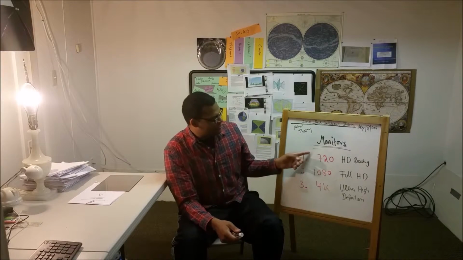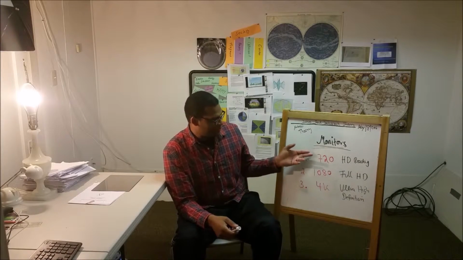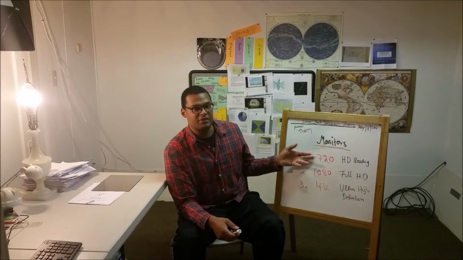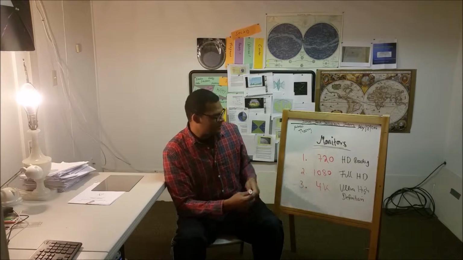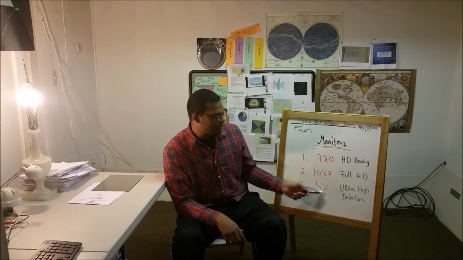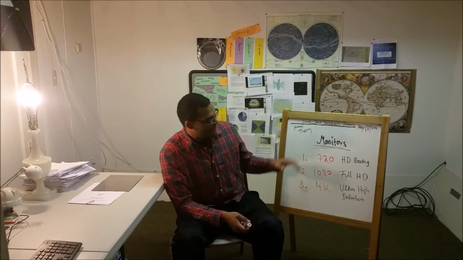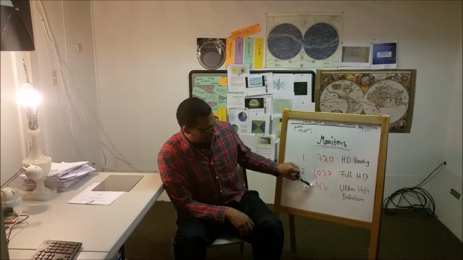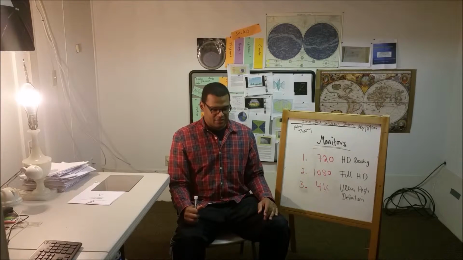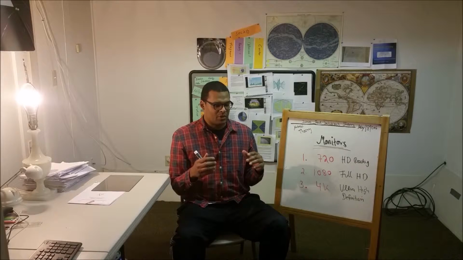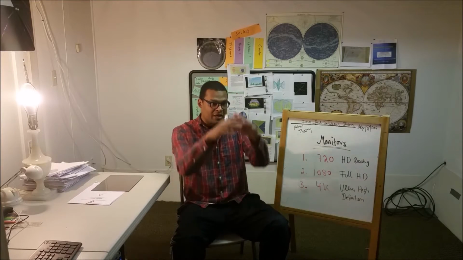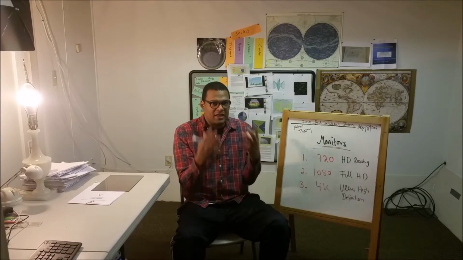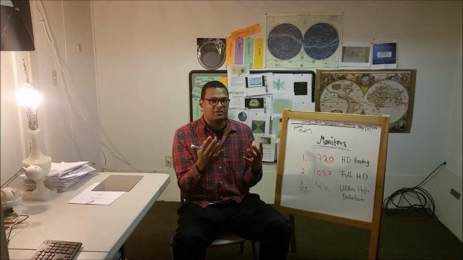I figured out that with the lowest resolution, 720 HD ready, then 1080p full HD, then 4K ultra high definition, the more I went up with the resolution, the more I felt like I see everything much clearer on the screen, sharp, dense, clear, right?